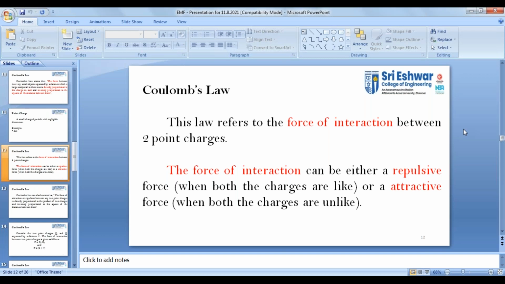So we get a repulsive force when both the charges are like, and the force of interaction will be attractive in nature when both the charges are unlike. Unlike means opposite. The polarity, plus and minus, also matters for Coulomb's law.